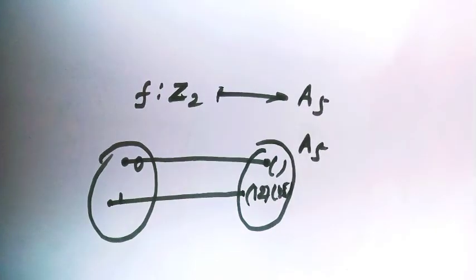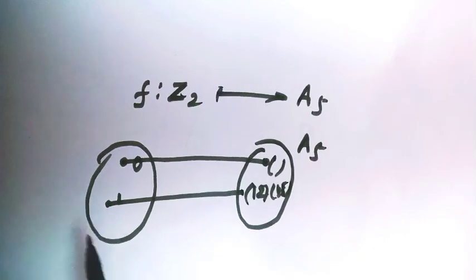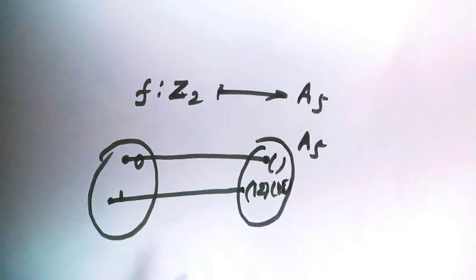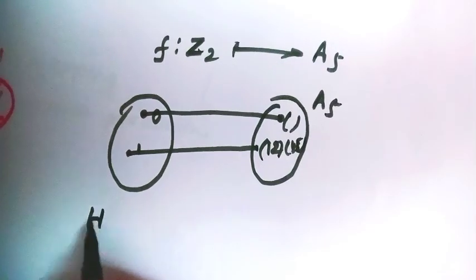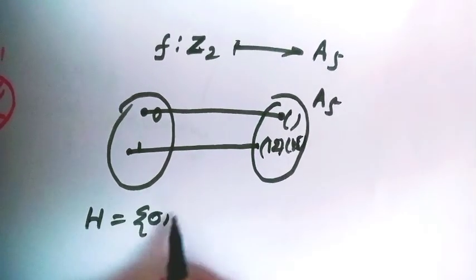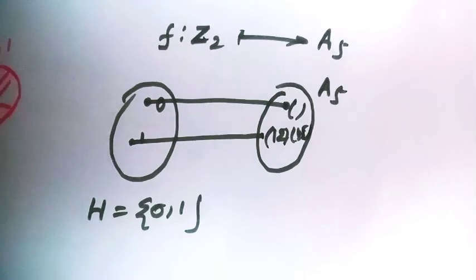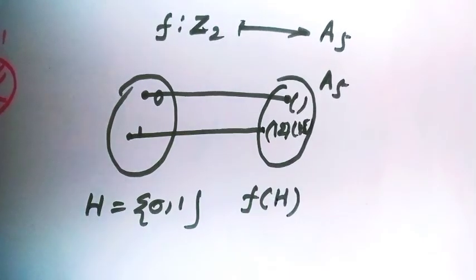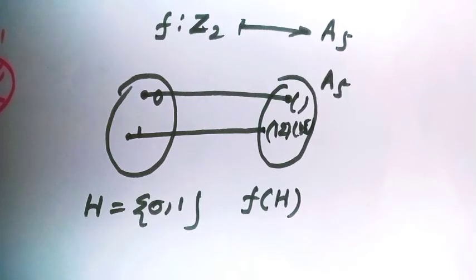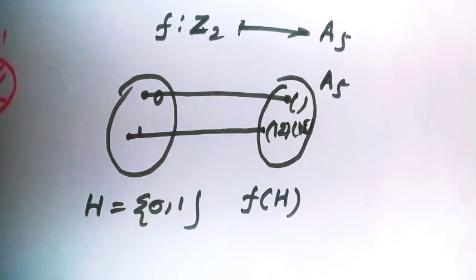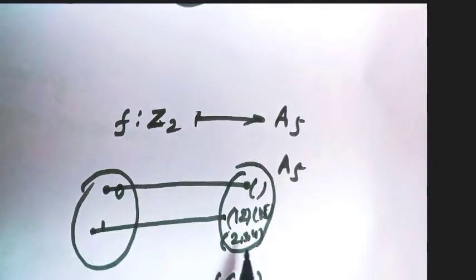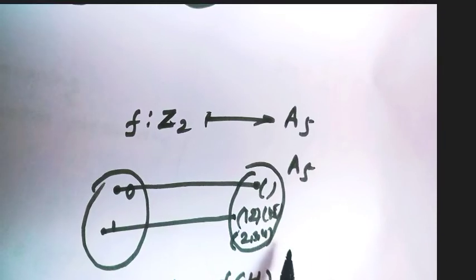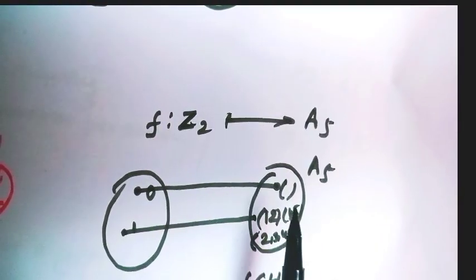Here the entire group Z2 is a normal subgroup of itself. Let's consider A equal to the set of all elements 0 and 1. Then f of A, is it a normal subgroup? Consider any element from A5, say the element (2 3 4). It conjugates with the identity always.